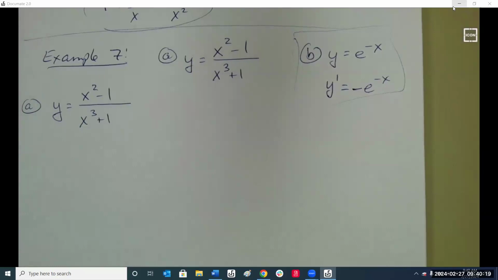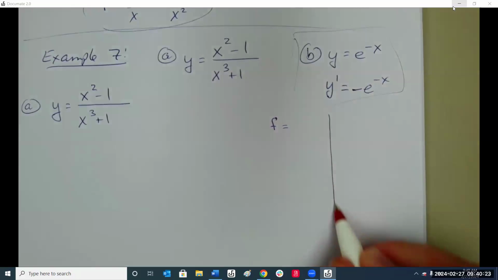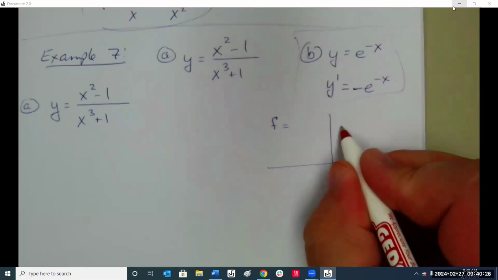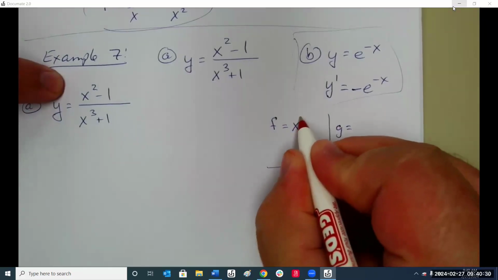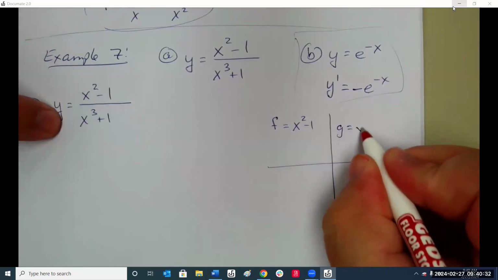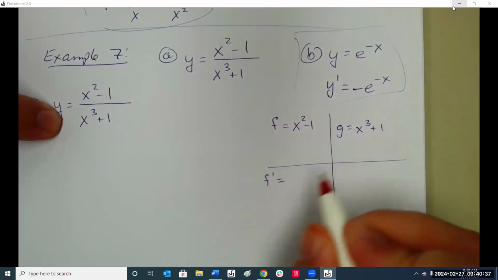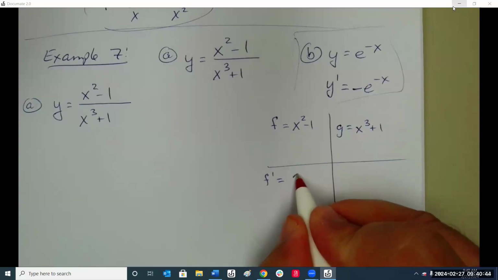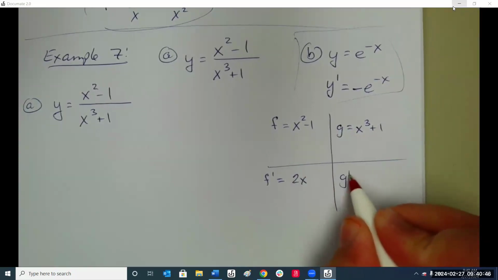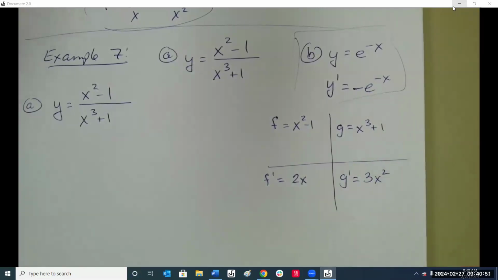All right, let's look at this. Since we have the quotient rule, the top is the f, the bottom is the g. The derivative of f gives us 2x. The derivative of g gives us 3x squared. Very good.